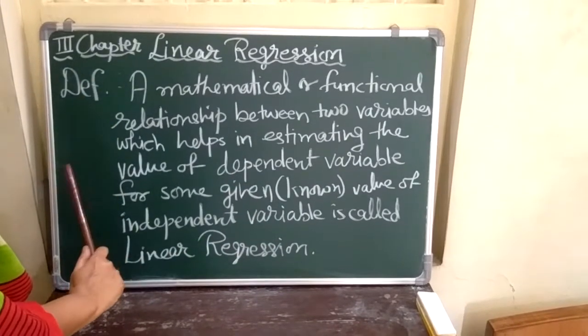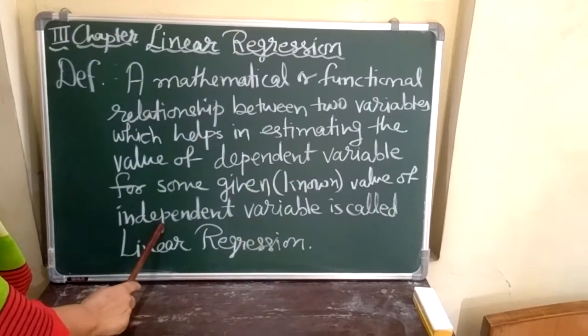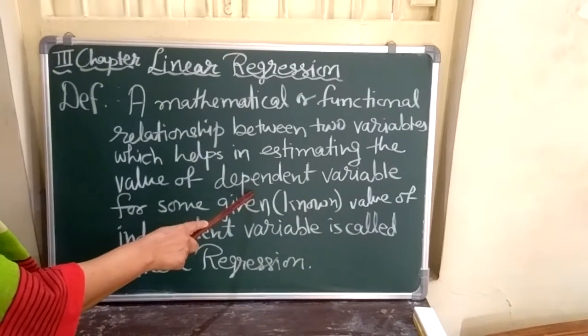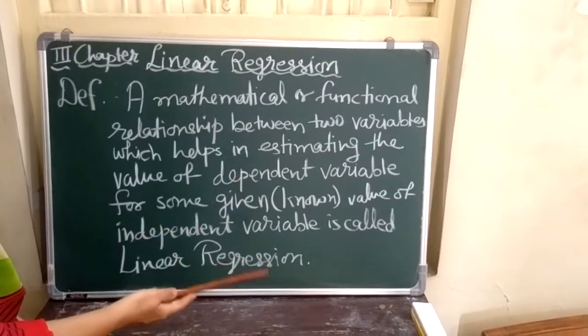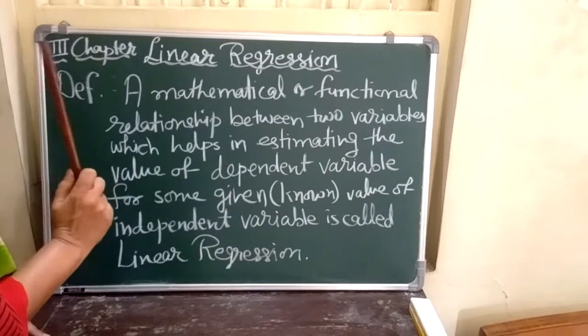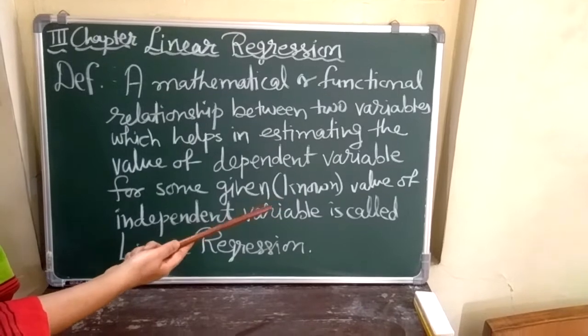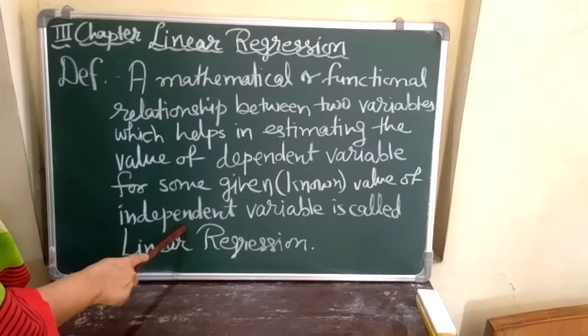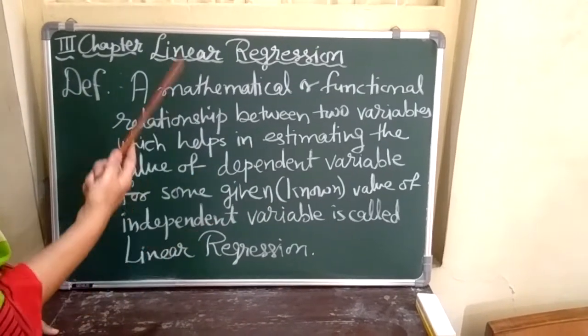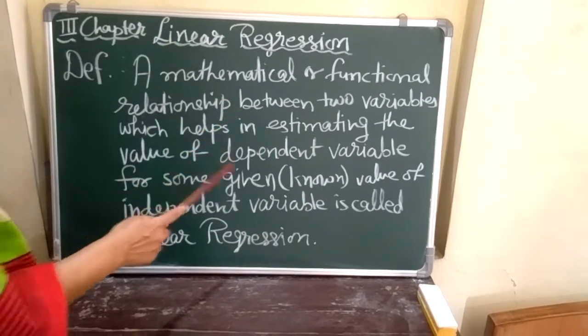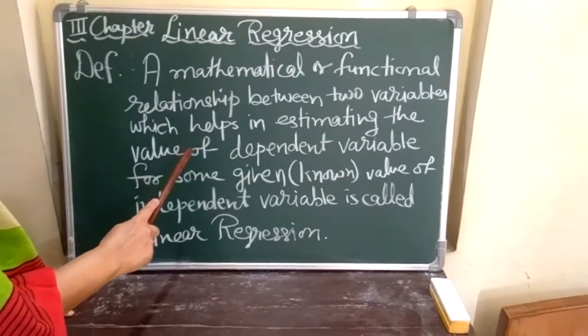Normally the x variable is always the independent variable, while y is always the dependent variable. For example, income and expenditure. Income is the independent variable. If income increases, then expenditure also increases, so that is the dependent variable.